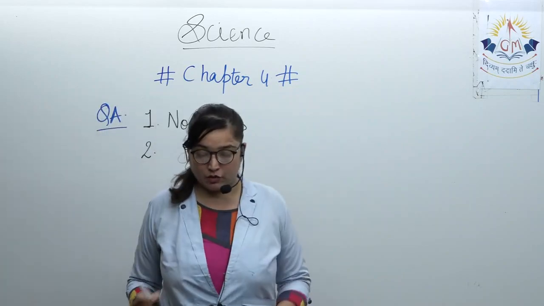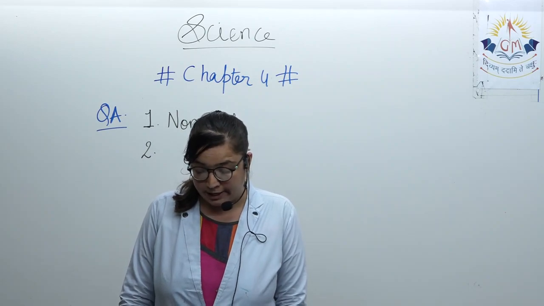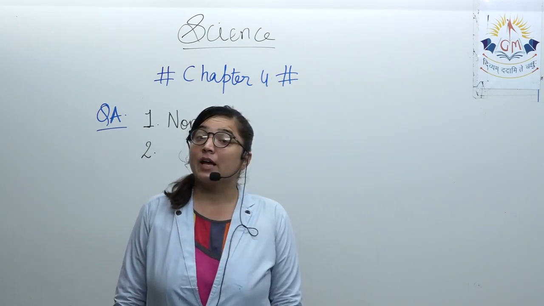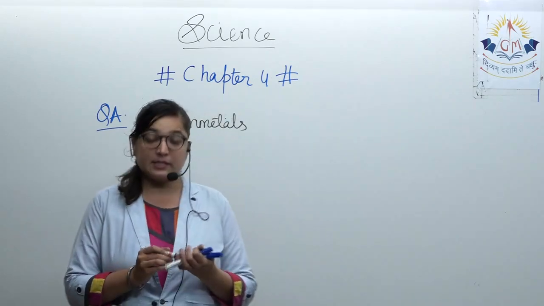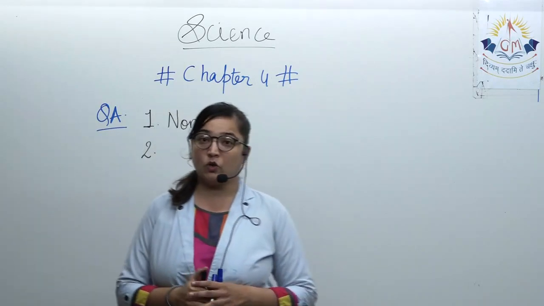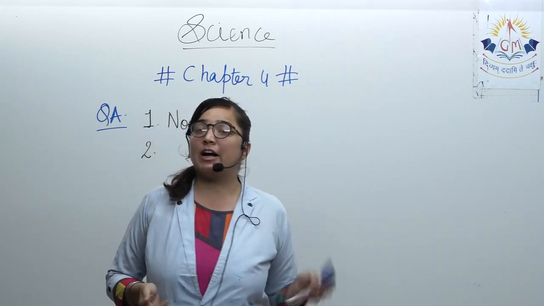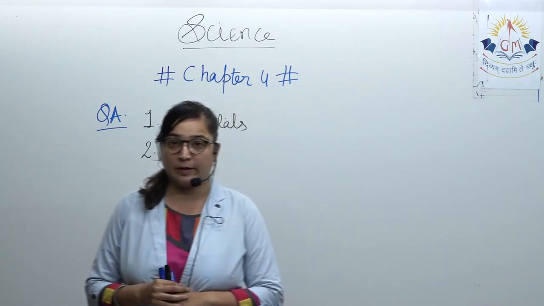Coming to the next question. Name a property which is common to the metals occurring near the bottom of the reactivity series. Which is the reactivity series? Try to recall. It is PSC Marcel hardly could make solid gold perfectly. Potassium, sodium, calcium, magnesium, aluminium, zinc, iron, lead, hydrogen, copper, mercury, silver, gold.